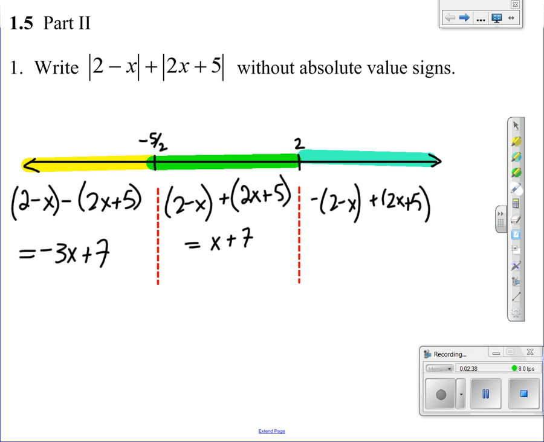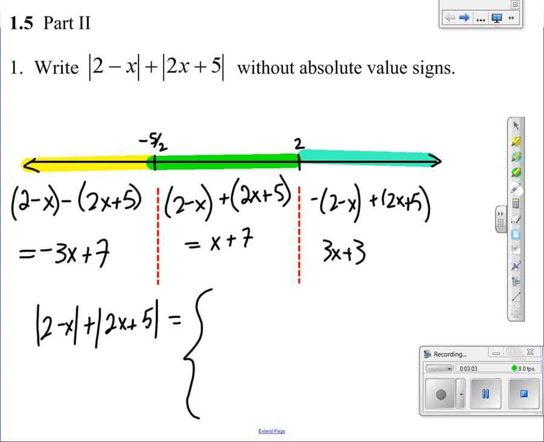And then over here, we get 3 separate expressions, which will lead us to an answer that looks like this. That the absolute value of 2 minus x plus the absolute value of 2x plus 5 equals 3 possibilities.